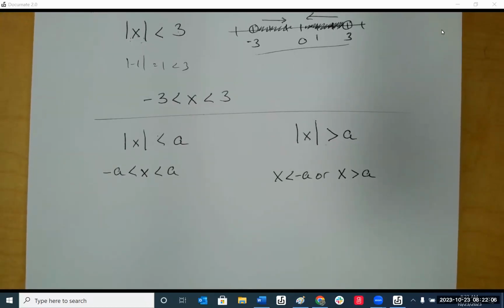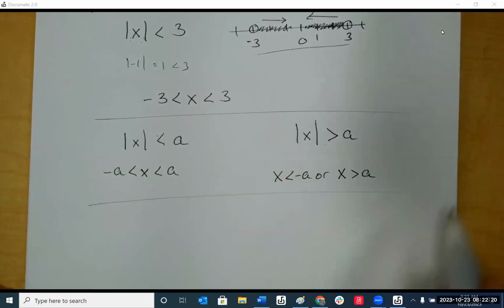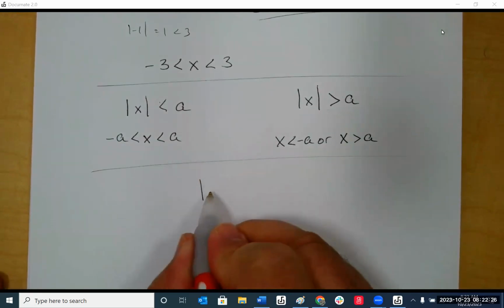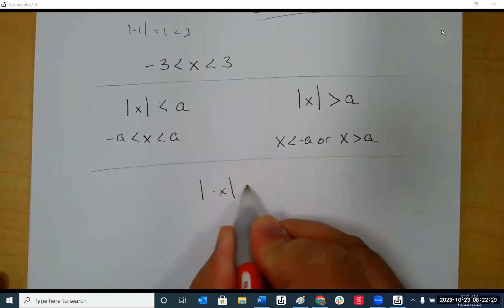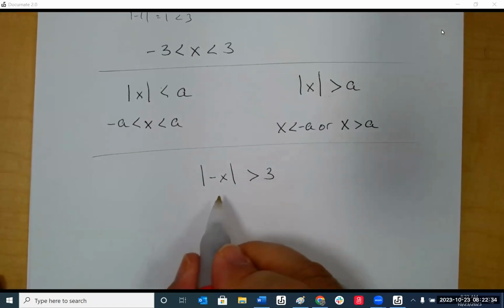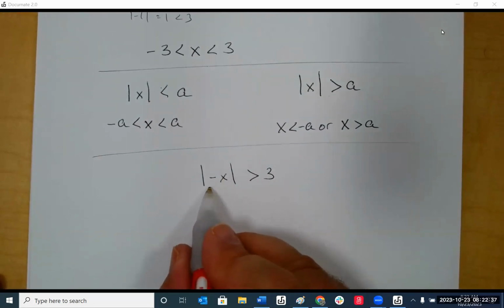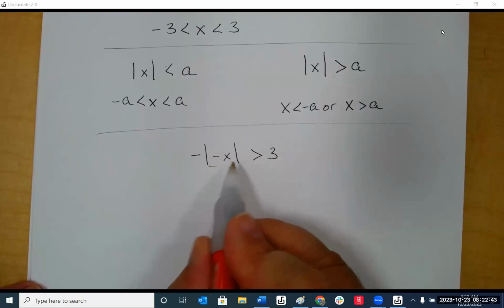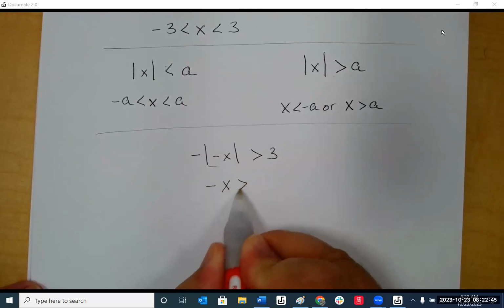What's happening here is this. Without stating so, it's defining the negative values of x. Whenever you drop the absolute value of negative x, it is x, but there's a negative in front.